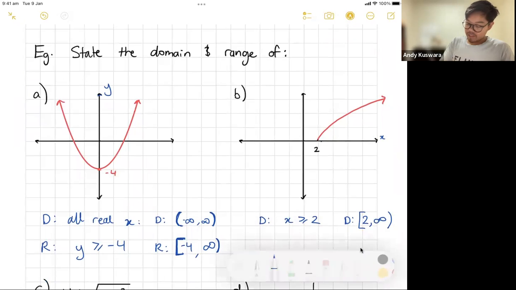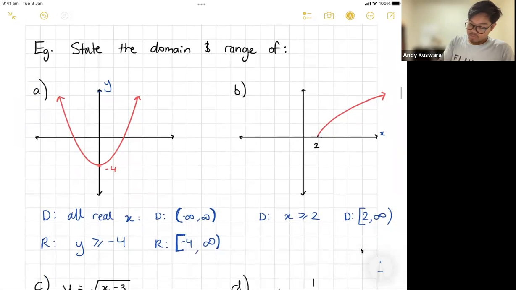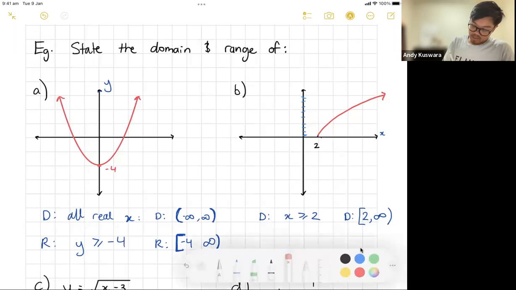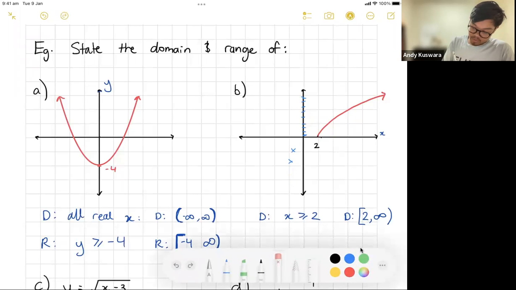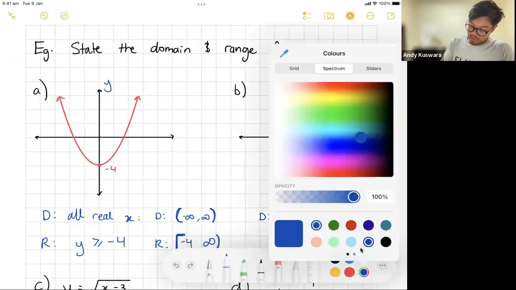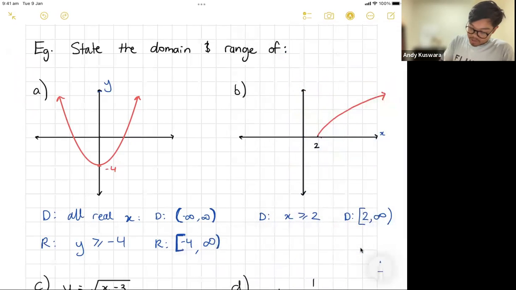Now, in terms of our range, I can see here as well that my function exists all the way up here, but it does not exist down here at all. I'm sorry, those are just crosses. So for this one here, I'd write that my range exists for when y is greater than or equal to 0.